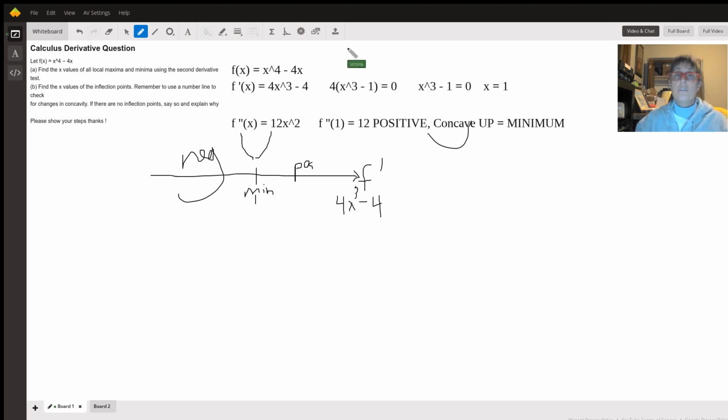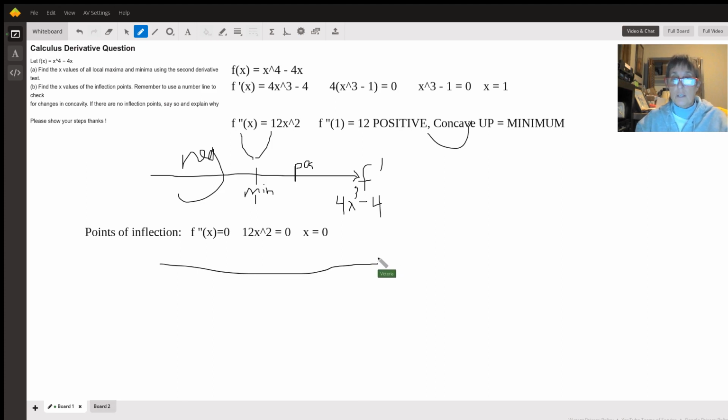Now, for points of inflection, you take the second derivative and set it equal to 0. So for us, we're going to take 12x squared and set it equal to 0 and find that x equals 0. If I was going to make a sign line for the second derivative, this would be my second derivative, which is 12x squared.